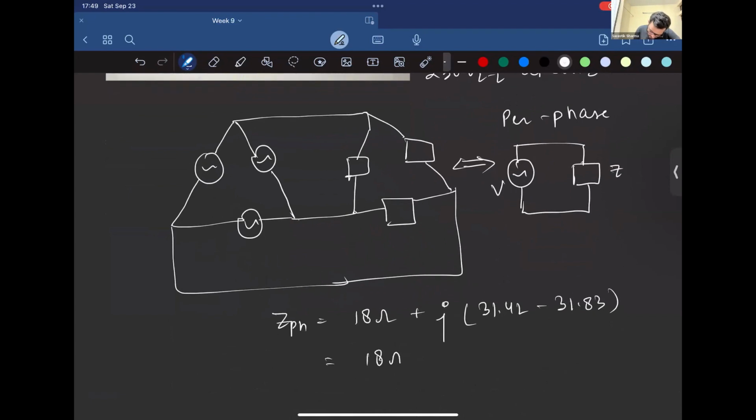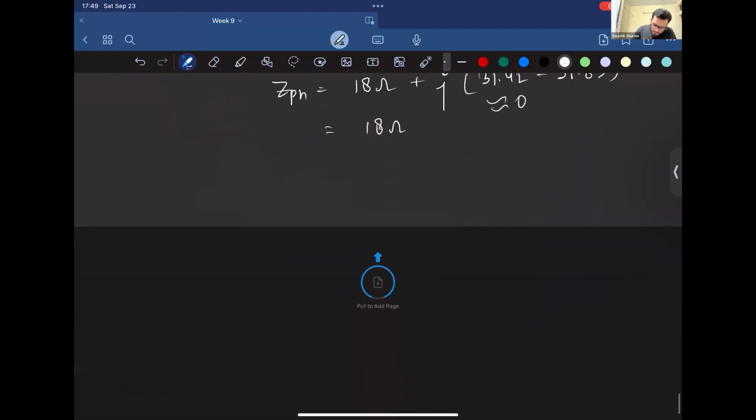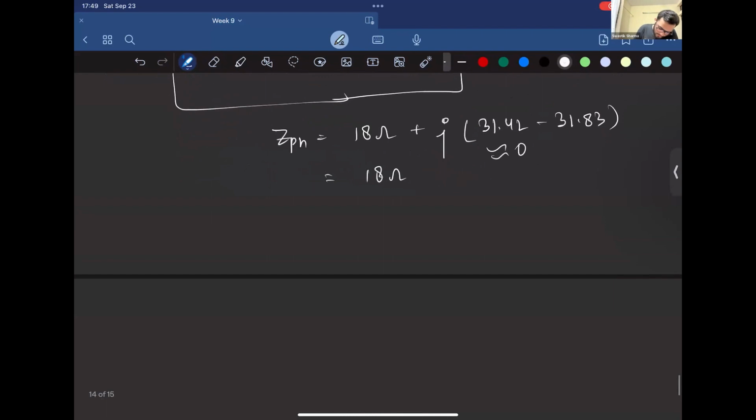That means it's 0. This would be equivalent to 0. That means our RLC load is resonating because the equivalent imaginary part is approaching 0. So that means cos theta, that is the power factor, is unity.